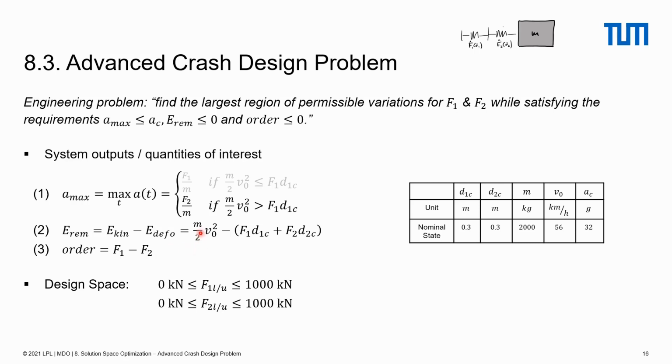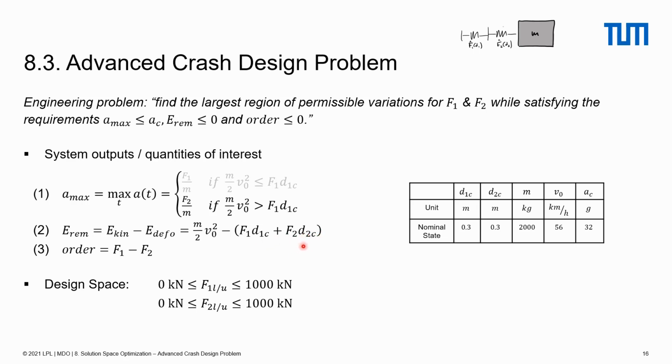The kinetic energy is mass times velocity squared divided by 2, and the energy absorbed by the two sections is F1 times D1C plus F2 times D2C.